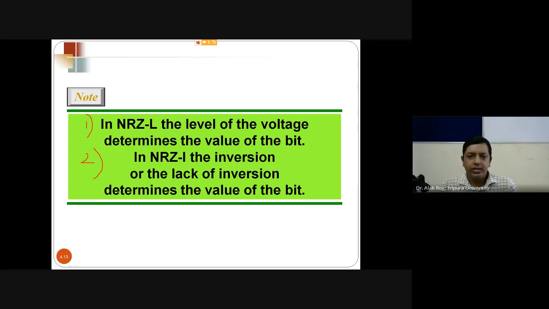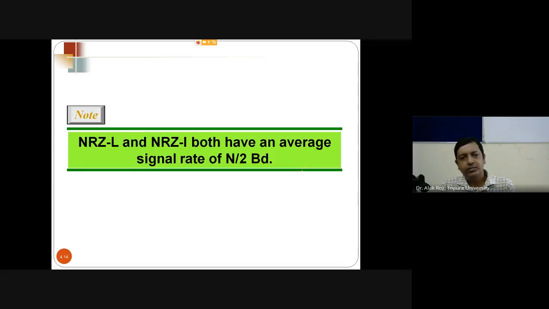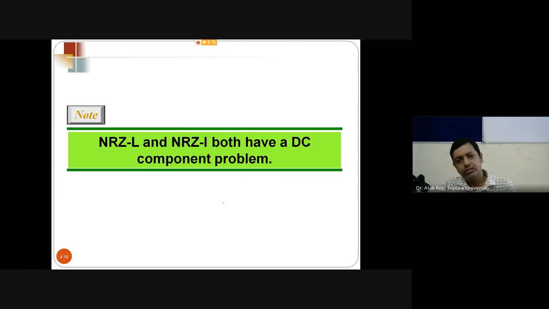Inversion means 1, 1, 1 continue, and lack of inversion means 0, 0, 0 continue. NRZ-L and NRZ-I both have an average signal rate of N/2 baud. NRZ-L and NRZ-I both have a DC component problem.